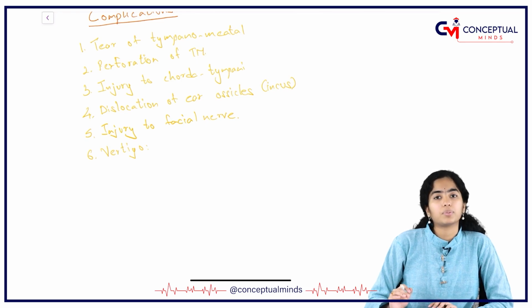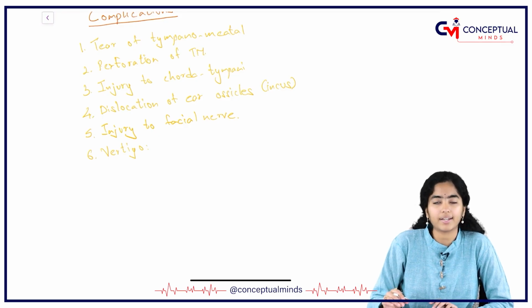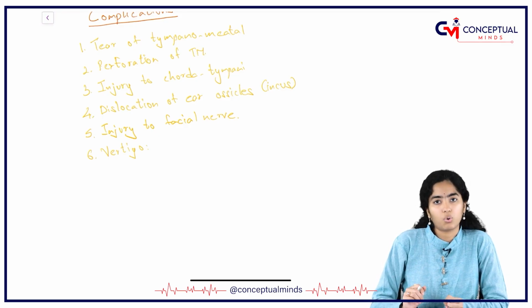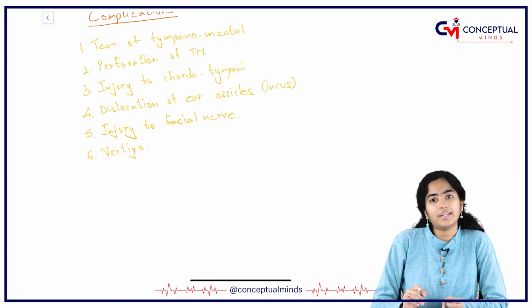vertigo. The prosthetic that we have placed will definitely not be as good as the original stapes footplate and it cannot close the opening completely. So it can lead to perilymph fistula very often. Fine.